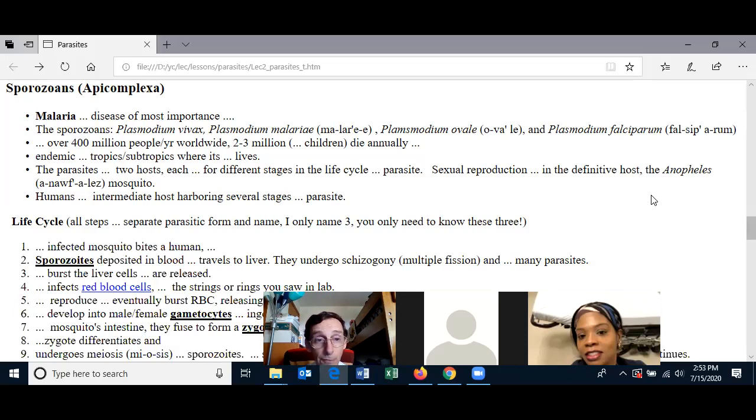Now, for those of you who are concerned, the Anopheles mosquito is actually found on the Gulf states and the southern Atlantic states of the United States. And so the malaria parasite can spread in those regions when somebody brings it to the United States.